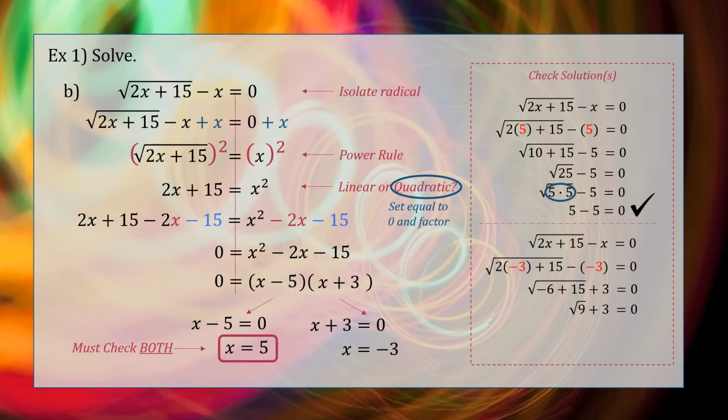We reduce under the radical. 9 is made up of 3 times 3. We do have a set, but 3 plus 3, does that equal 0? No, which means because that is not a true statement, we cannot keep that solution. So in this case, although we solved and we found 2 of them, only one of them is the real solution.